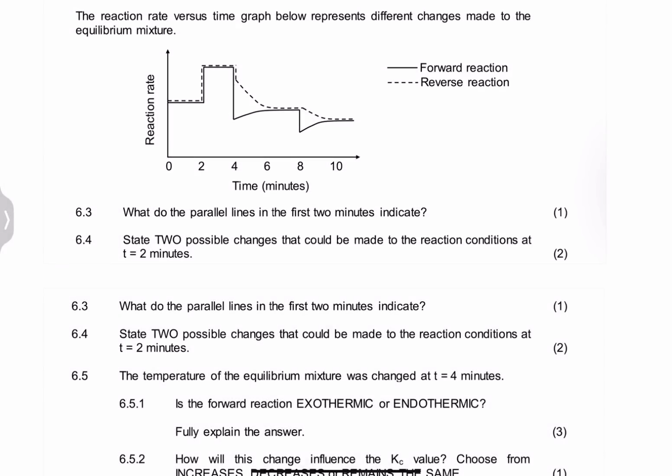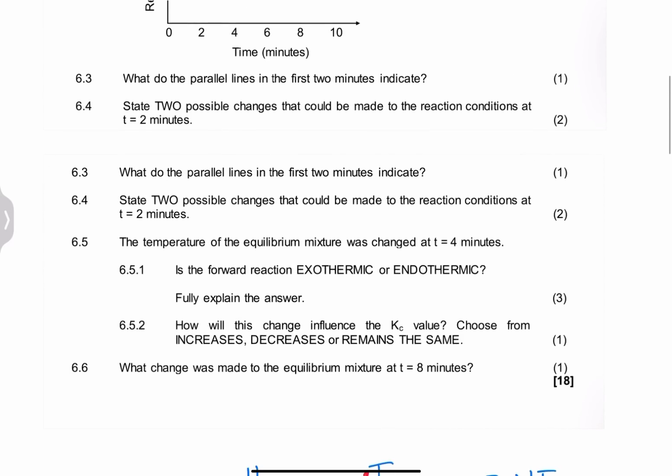So please remember this: whenever you change temperature, the reaction that responds the most to the change is the one that depends on temperature the most. So it tells us that the forward reaction depends on temperature, which means the forward reaction is actually endothermic, okay? So they're asking us the question, is the forward reaction exothermic or endothermic?